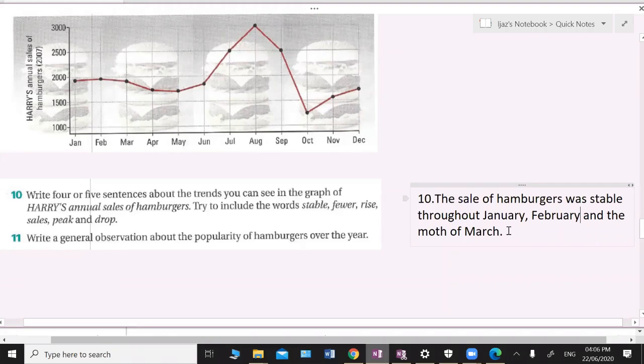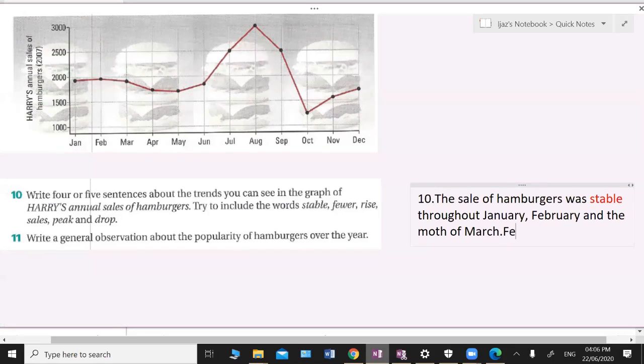Okay, and then you have used the word stable. The second sentence is, from March to June, there was a slight fall in sale. Yeah, that's right. Fewer hamburgers were sold.